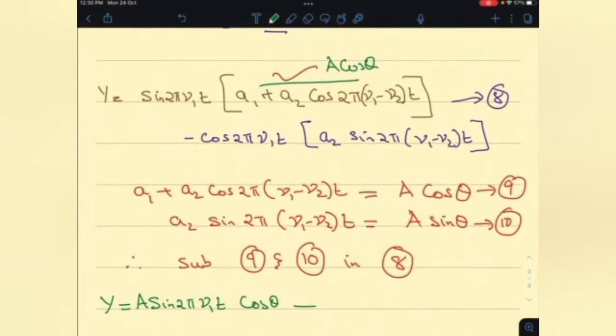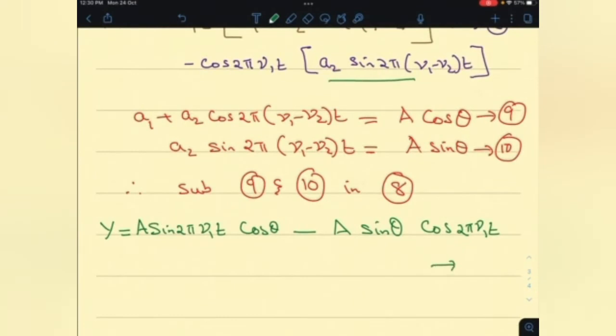That's my 11th equation. So you can see that it is sin A cos B minus cos A sin B. So I can take A outside, y is equal to A sin 2 pi nu 1 t minus theta. So I got a very simple equation, y is equal to A sin 2 pi nu 1 t minus theta.